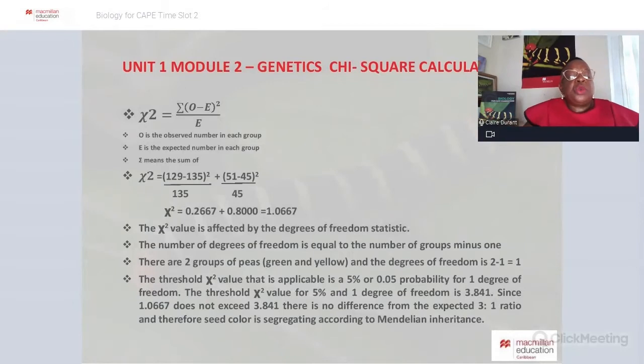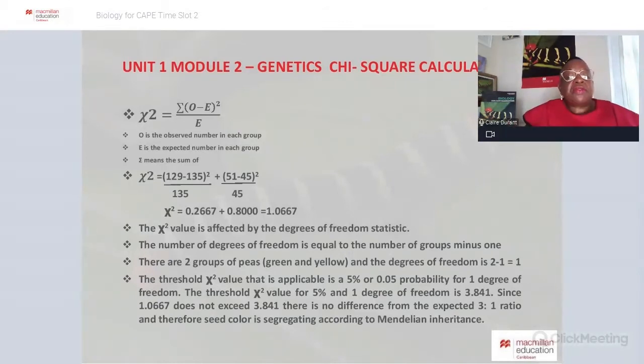So if we use the formula, find the chi-square, and we insert our numbers from the previous table, our chi-square value comes out to 1.0667, and this chi-square value is affected by the degrees of freedom statistic.